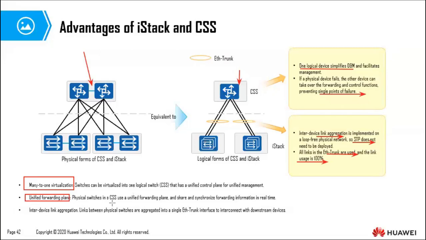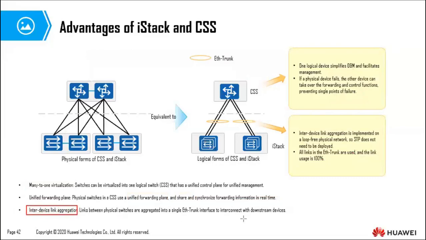So physical switches in a CSS use a unified forwarding plane, so they will share and synchronize forwarding information in real time. Then inter-device link aggregation, which is what we have talked about, the Eth Trunk. Links between physical switches are aggregated into a single Ethernet trunk interface to interconnect with downstream devices.